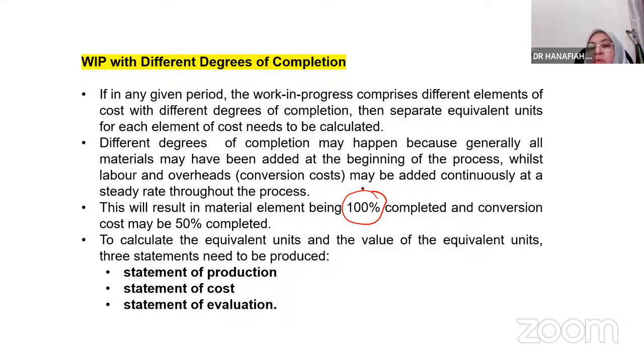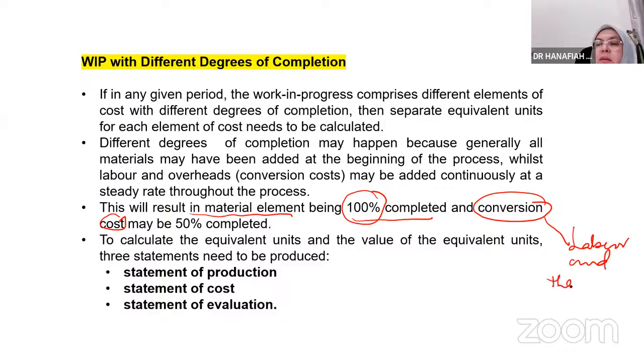So we include everything at the beginning of the process, so the raw material element would be 100% completed. However, the conversion cost, which as I mentioned yesterday is the labor and overhead, may be 50% completed.